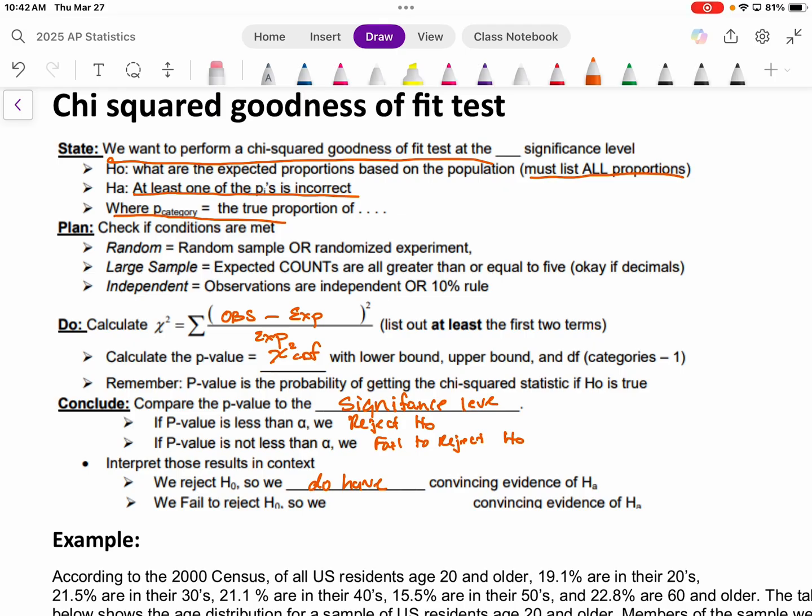If we fail to reject, we do not have convincing evidence to support the claim that at least one of these proportions is incorrect.